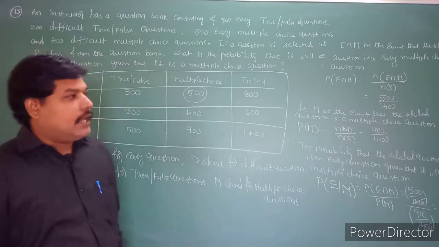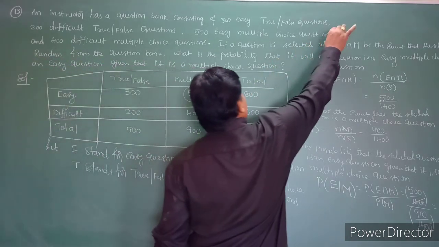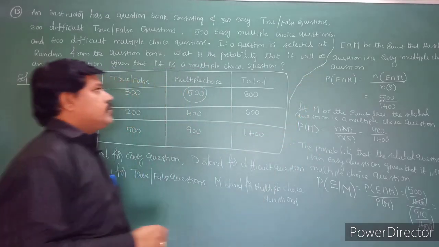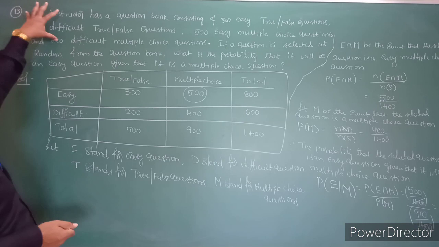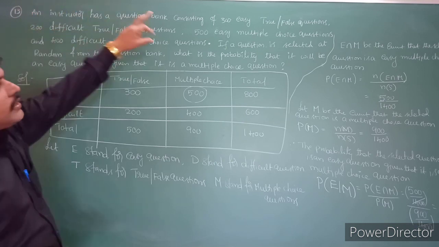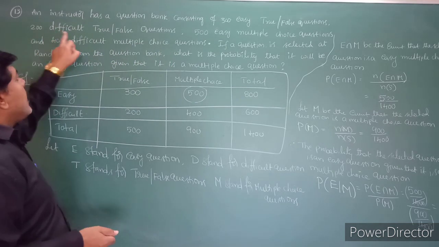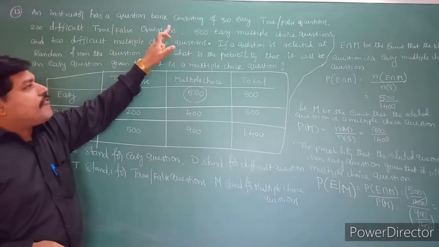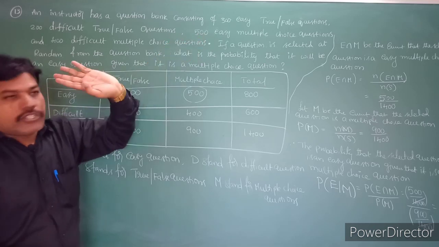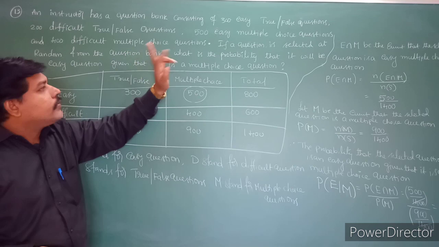See that question once again, students. In the question bank, there are 300 easy true or false type questions and 200 difficult true or false type questions. Next, 500 easy multiple choice questions and 400 difficult multiple choice questions.